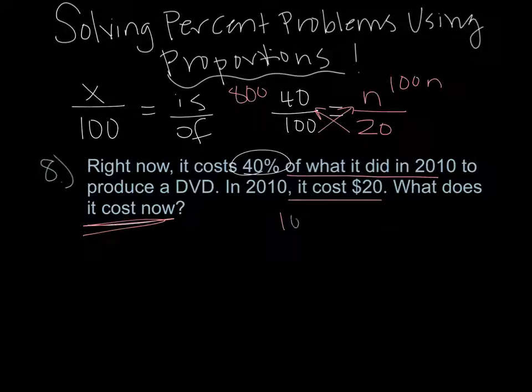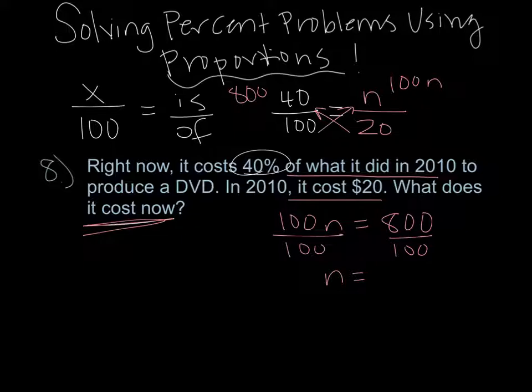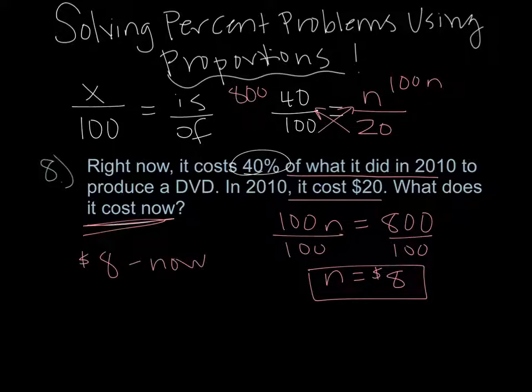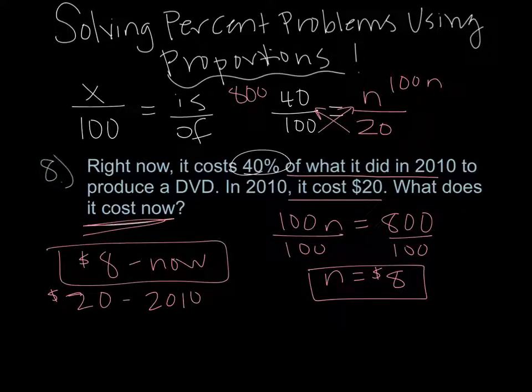So then 100n equals 800. Divide both sides by 100. That's $8. Does it make sense? Well, $8 is what it costs now. In 2010, it was more expensive. In 2010, it was $20. That makes sense. It costs less now.